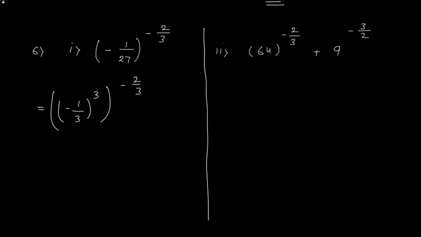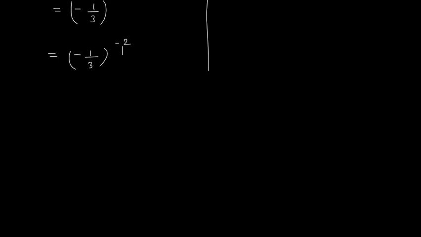So as powers are multiplying, it is minus 1 upon 3 the whole power 3 into minus 2 upon 3. So this 3 will cancel and I have minus 1 upon 3 power minus 2. So this will become minus 3 power plus 2. Okay, I reciprocate it and the power will become plus. Minus 3 square is 9. So this is my final answer.